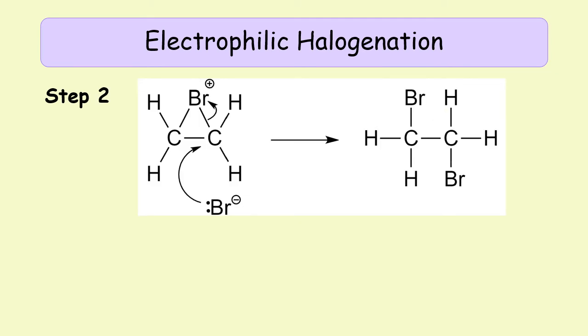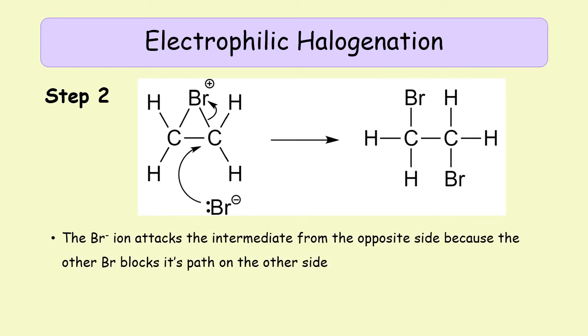So the bromide ion comes in, attacks either carbon, it does not matter in this case which one, and once that carbon is bonded to a bromine, that carbon would have 5 bonds, so it breaks the carbon-bromine bond that exists, putting the electrons from that carbon-bromine bond onto the positive bromine, turning it back to neutral, and you get your final product.